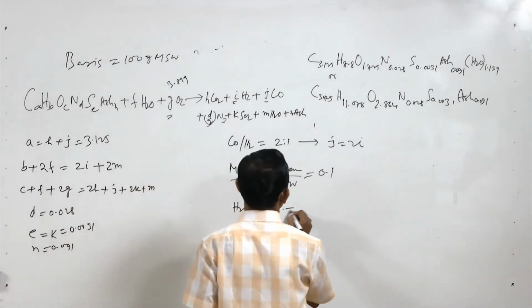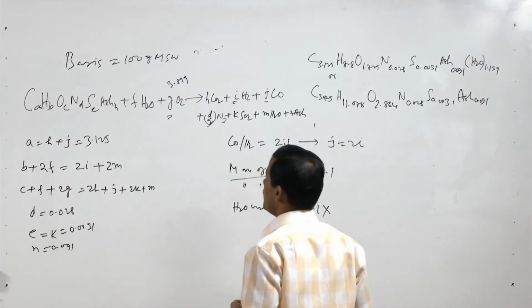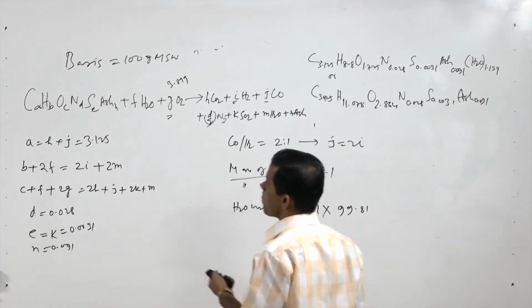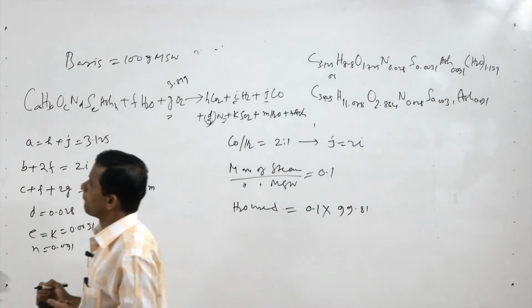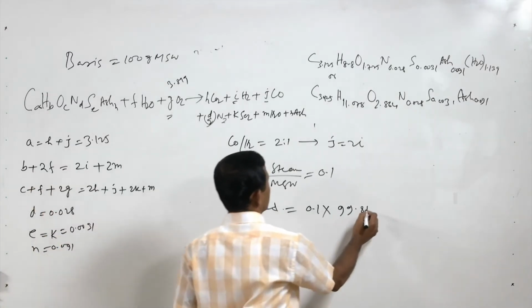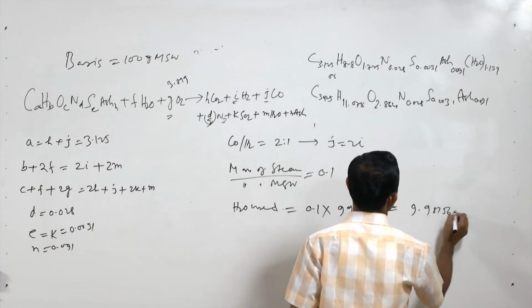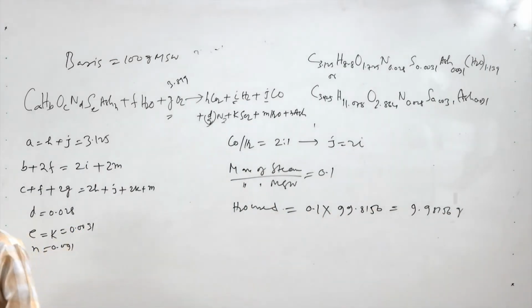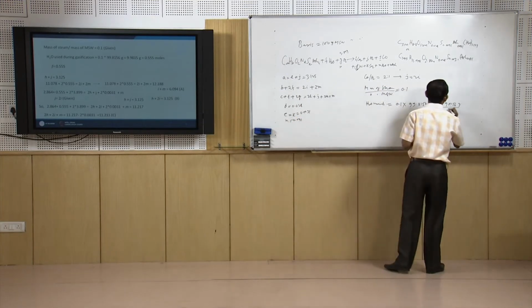Used is equal to 0.1 into the 99.8156 gram, that is equal to 9.98156 gram. So, if we convert this gram into moles, that will be divided by 18.